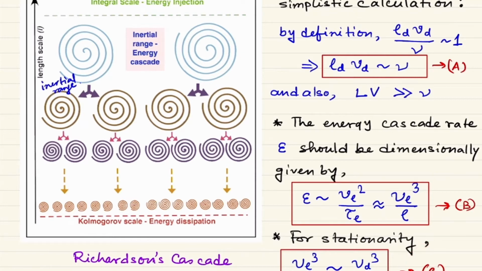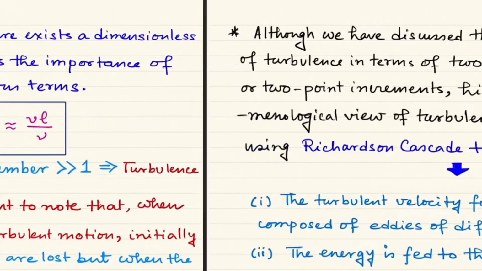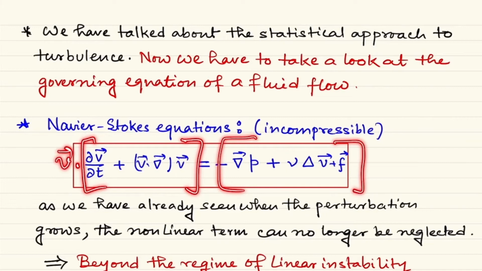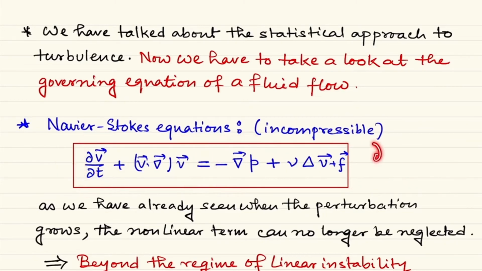That means if you write the Navier-Stokes equation and the kinetic energy evolution equation from it, in case you are not clear at this point, say we take the dot product of the equation with velocity on both sides, and then you get the evolution equation for kinetic energy.